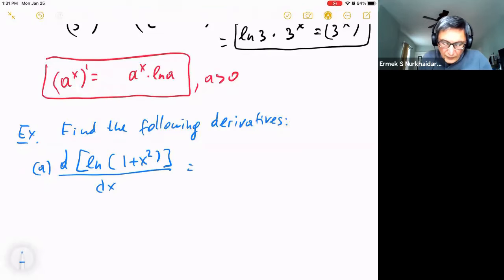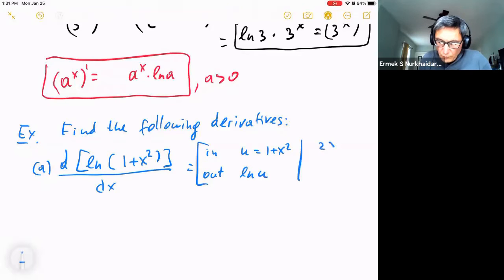So here we have inside function u equals 1 plus x squared, outside ln u. So the derivative of the inside will be 2x, and the derivative of the outside, the derivative of natural log, is 1 over u. So with the chain rule, we're going to get 2x over 1 plus x squared.